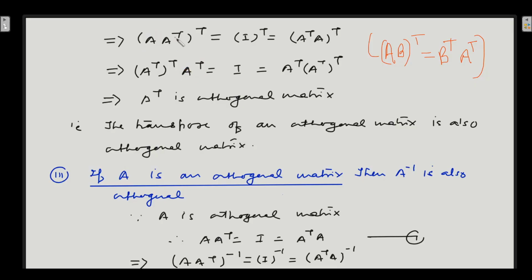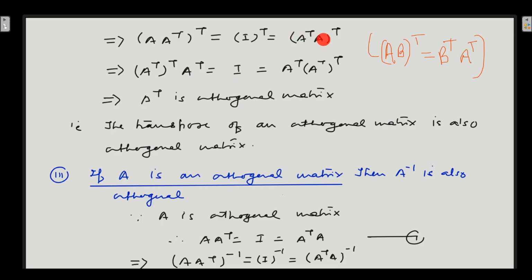It will become A transpose transpose A transpose. Now the transpose of an identity matrix is the identity matrix itself, so it is as it is.